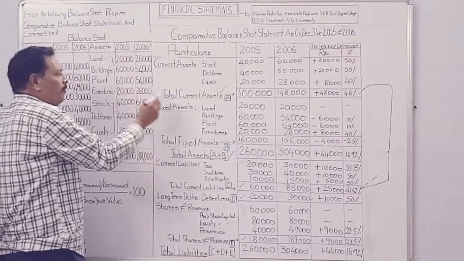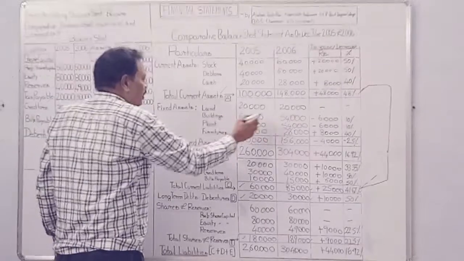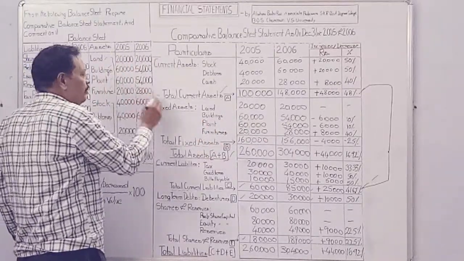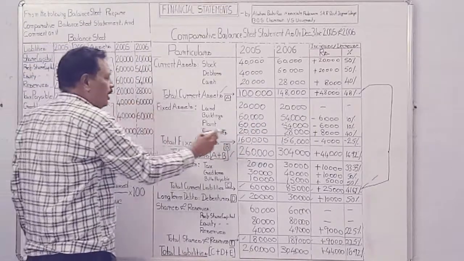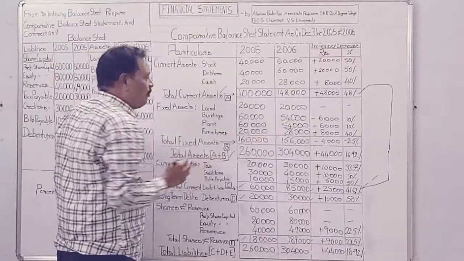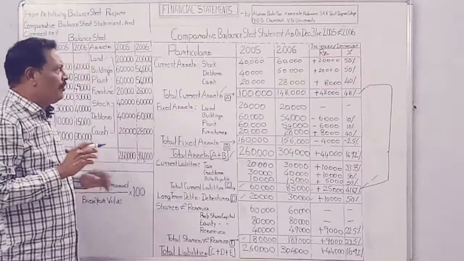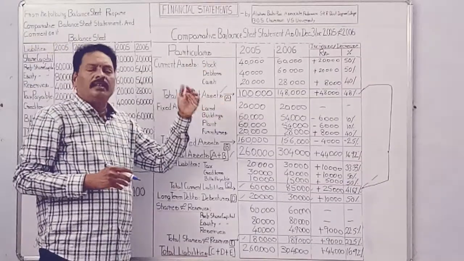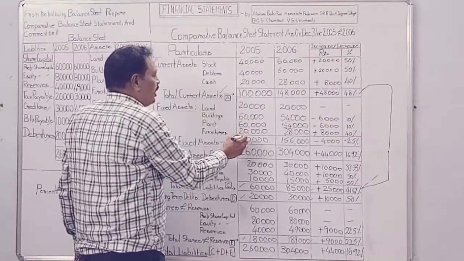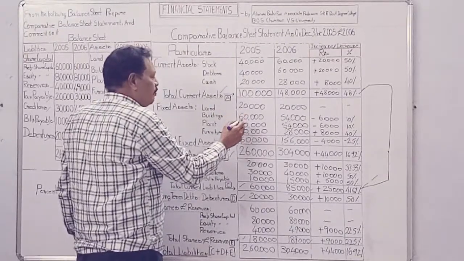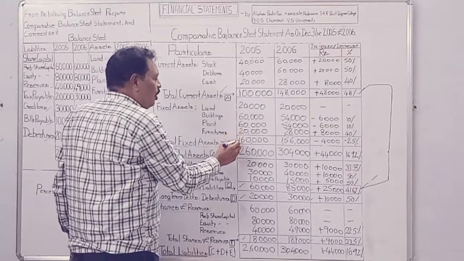Buildings 60,000, 54,000. Plant 60,000, 54,000. Furniture 20,000, 28,000. After writing this information in the concerned years, simply add these 4 items: 20 plus 60 plus 60 plus 20, total 160.